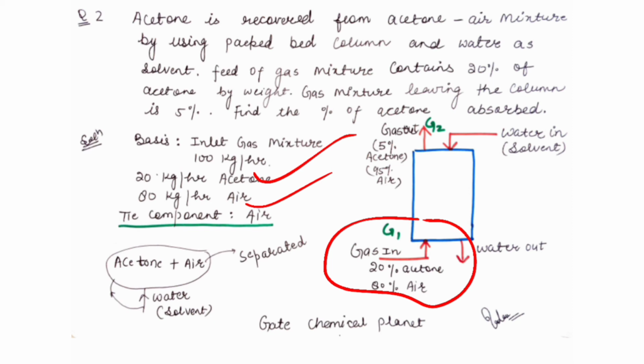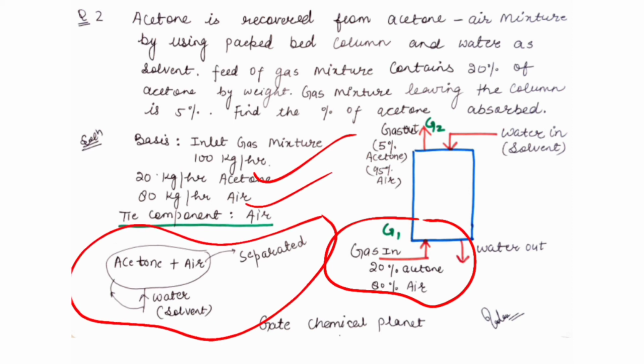Okay, so see the system here. What is the feed? The feed consists of acetone plus air, and water is the solvent here. Acetone is absorbed by water and air is separated. So this is the basic concept behind this question.